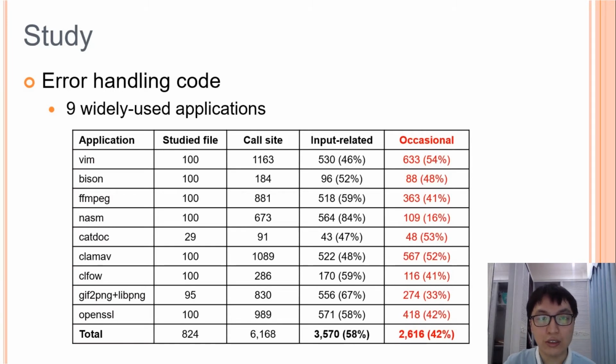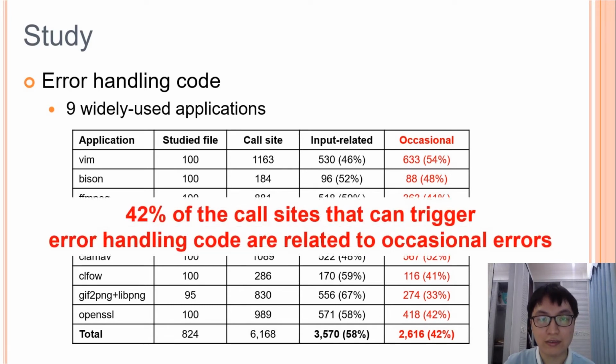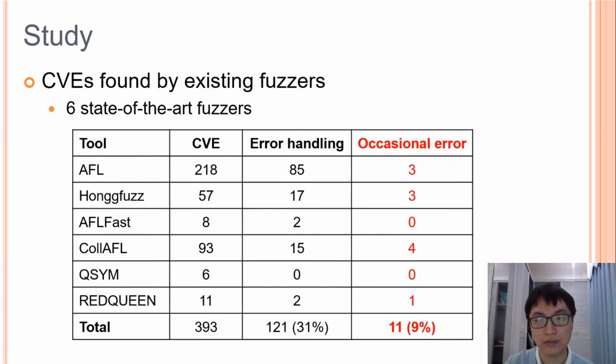We study these two types of errors by studying 9 commonly used applications, 824 files. We find that 42% of the function calls that can trigger error handling code are related to occasional errors.